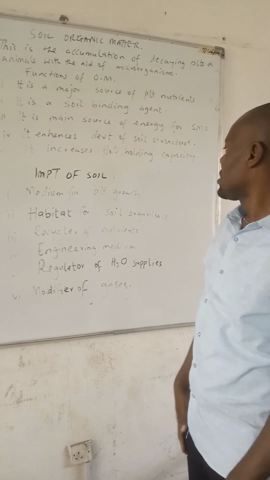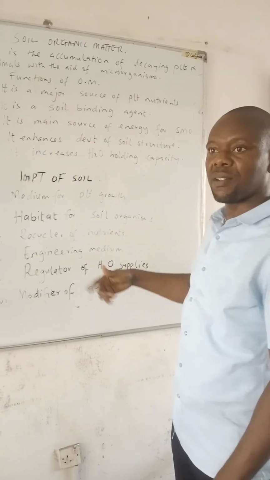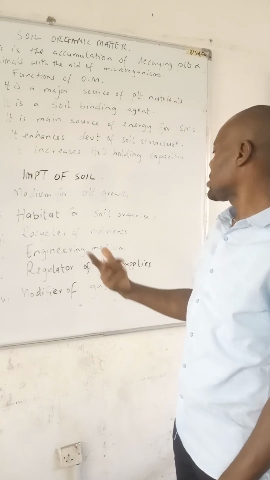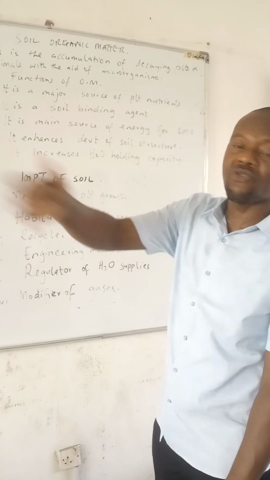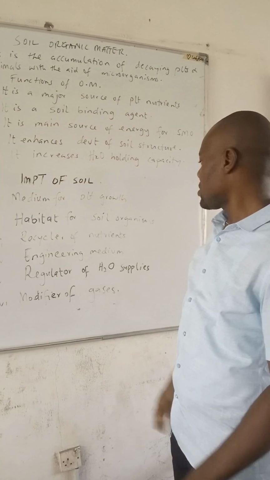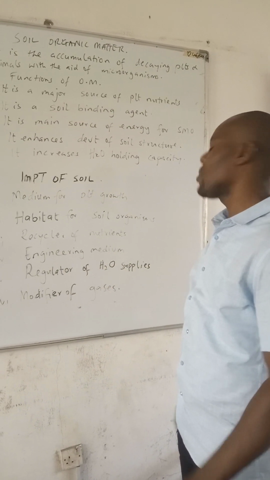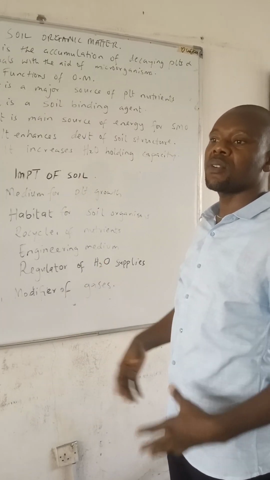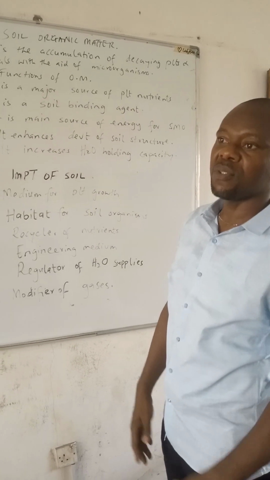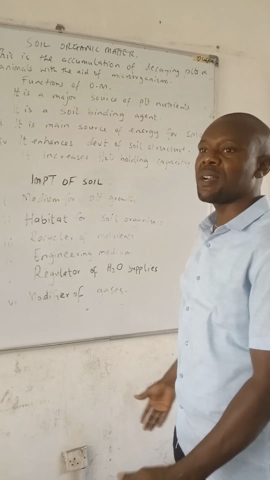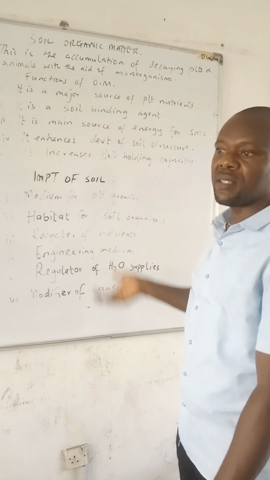It helps in recycling nutrients, and it is an engineering medium. You can see the structures; they are all built on soil. It regulates the supply of water. You can see when rain falls, some will percolate beneath the soil to the water table, some through seepage will enter into the stream, some also evaporates, and so on.